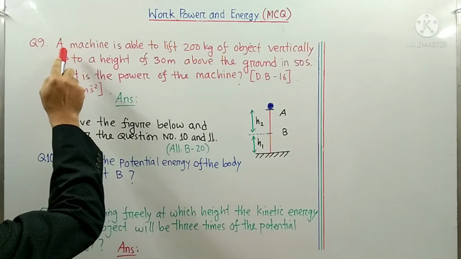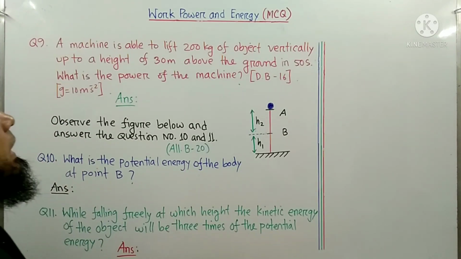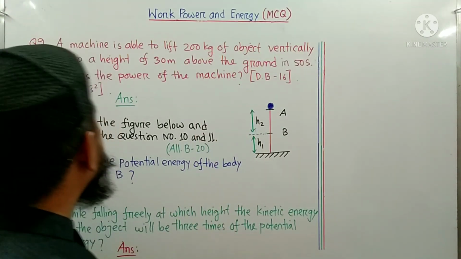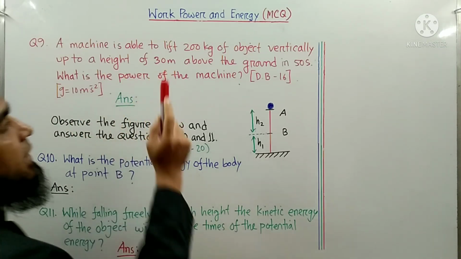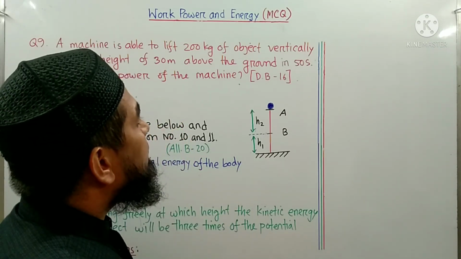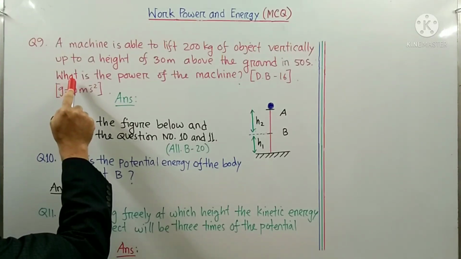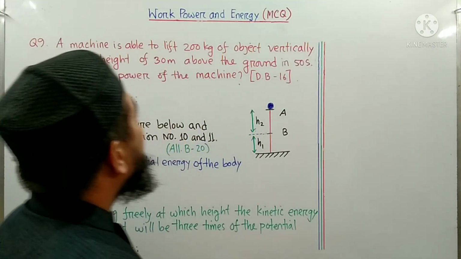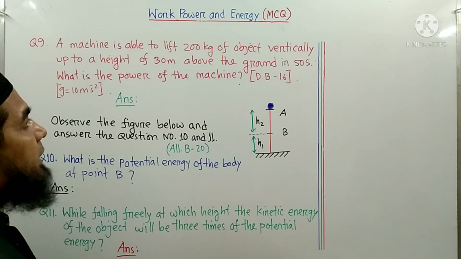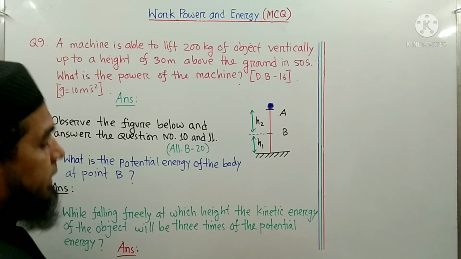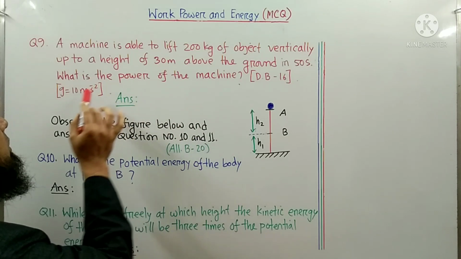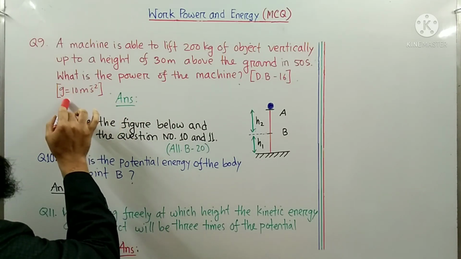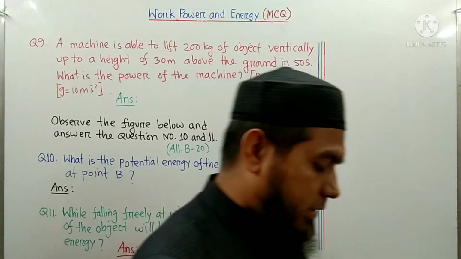Another question. A machine is able to lift a 200 kg object vertically up to a height of 30 meters above the ground in 50 seconds. What is the power of the machine? Okay, from the given information we have to calculate power. Here the acceleration due to gravity is given as g equal to 10 meter per second square.